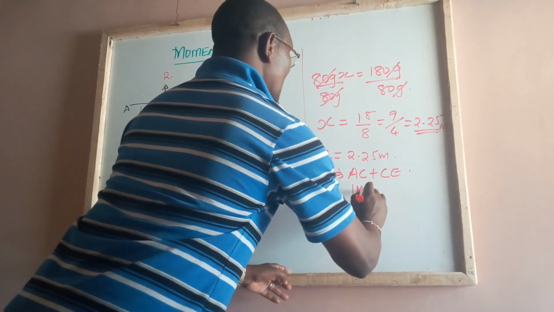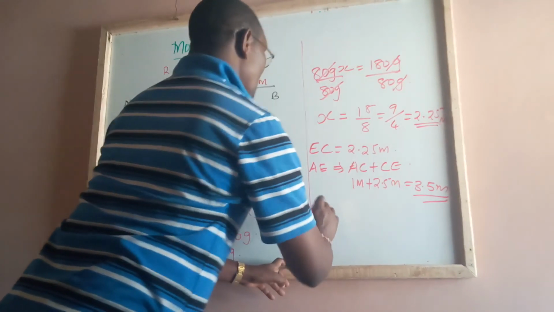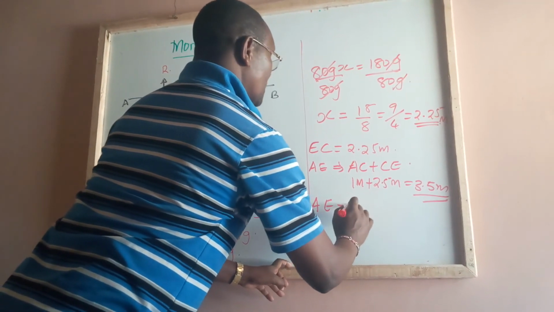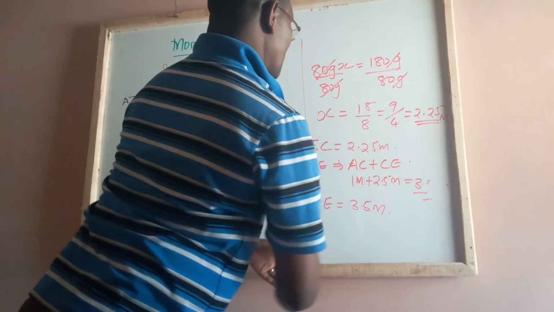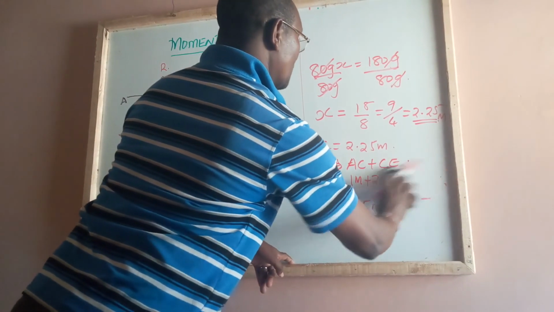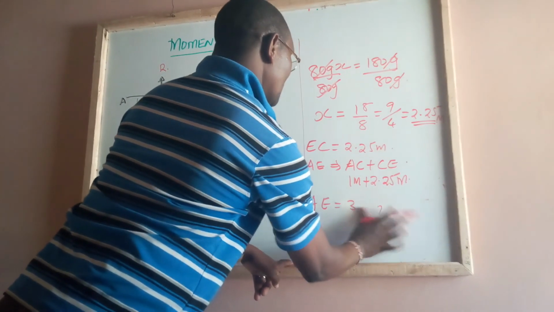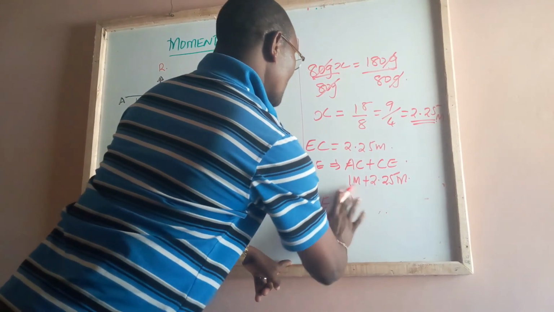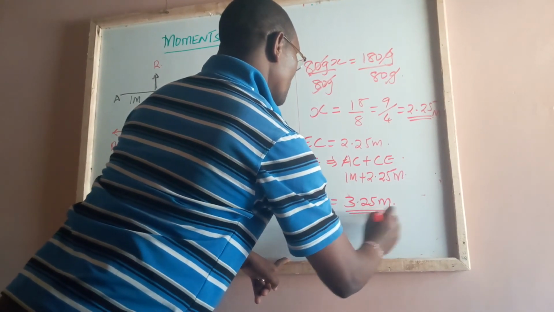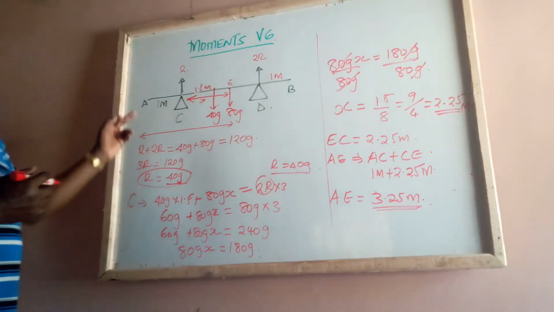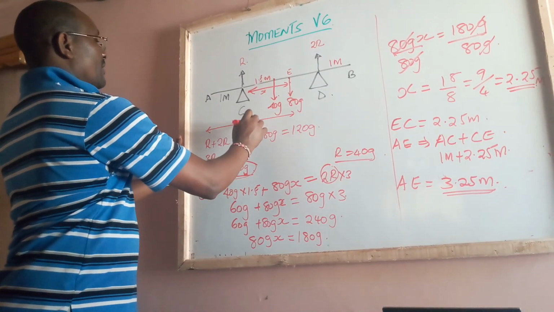AC is 1 meter plus 2.25 meters, so our AE is 3.25 meters. The length of AE is 3.25 meters.